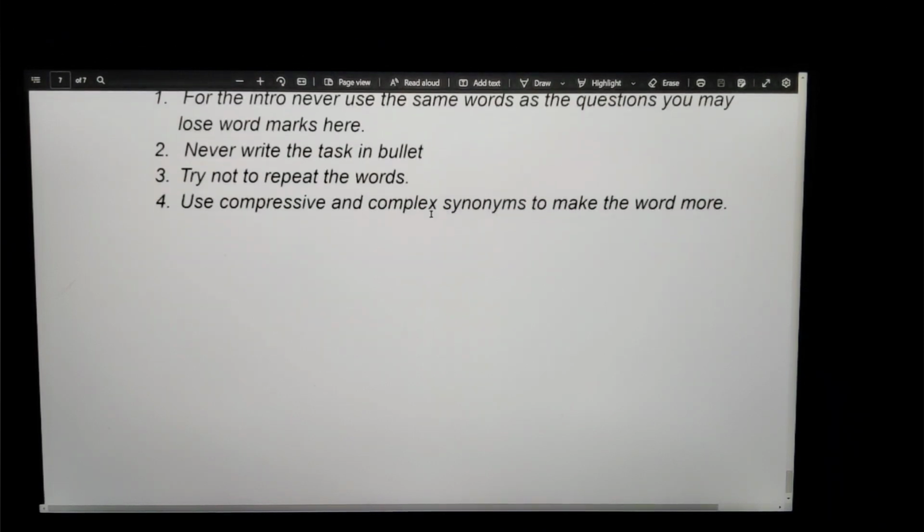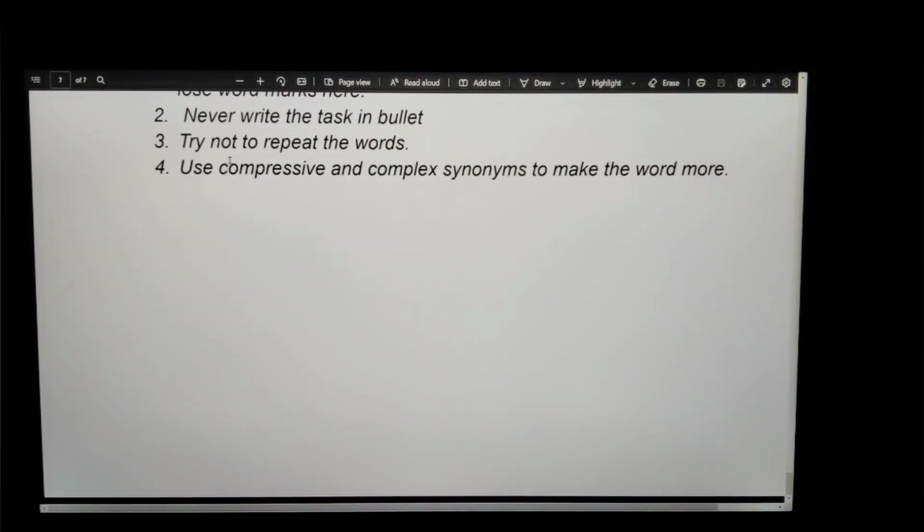So never write your task in bullets. Try not to repeat words. It's the most common advice. If you repeat the words after a certain amount, like after 2 or 3 counts, the IELTS examiner sees that you are spamming the content, so it gives a bad impression and shows that you are short of vocab.